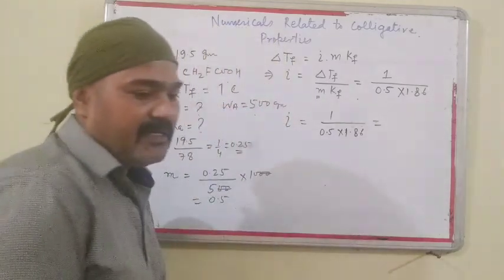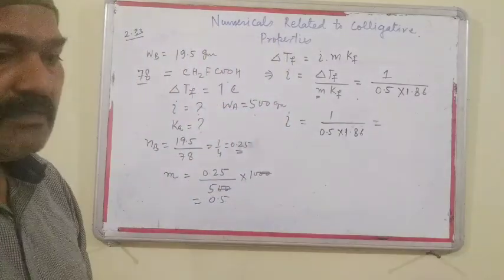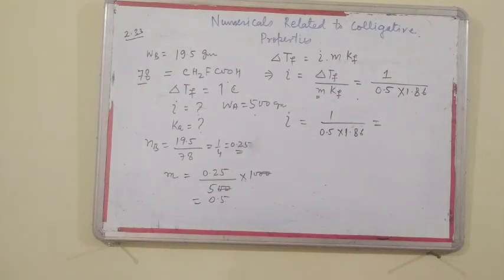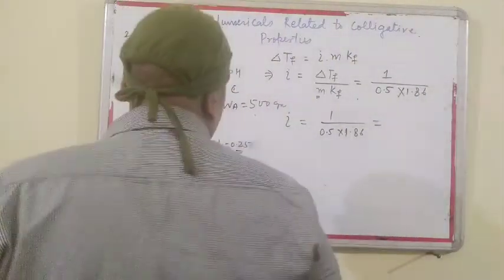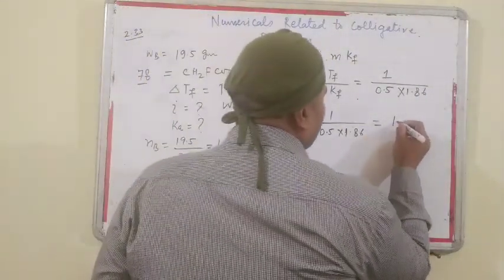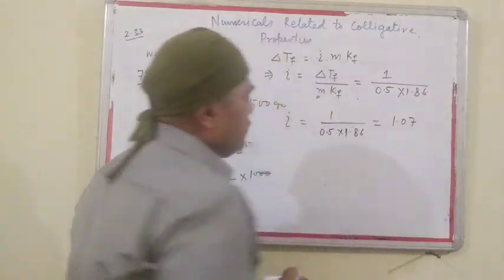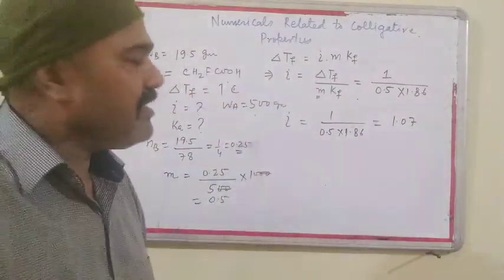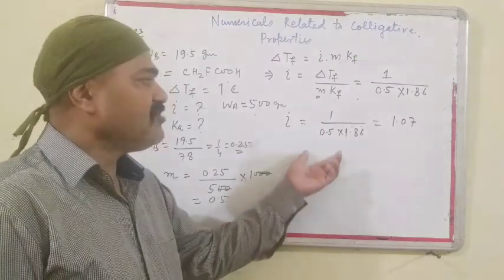On calculating it, we get around 1.07. You can calculate very easily. So I am just guiding.